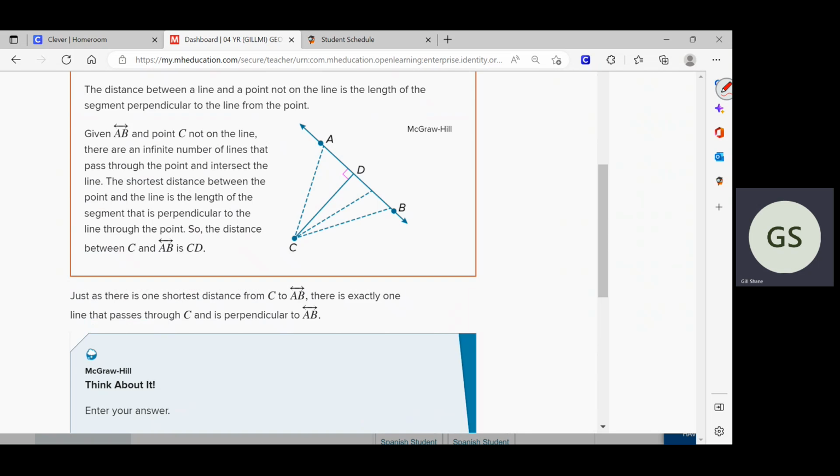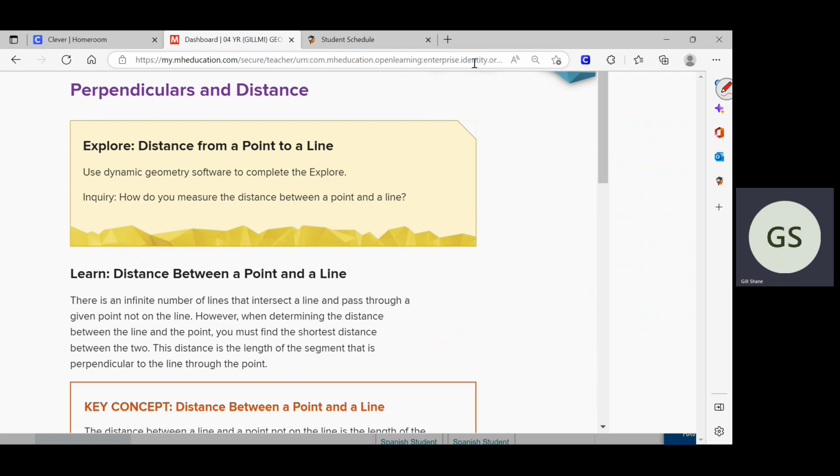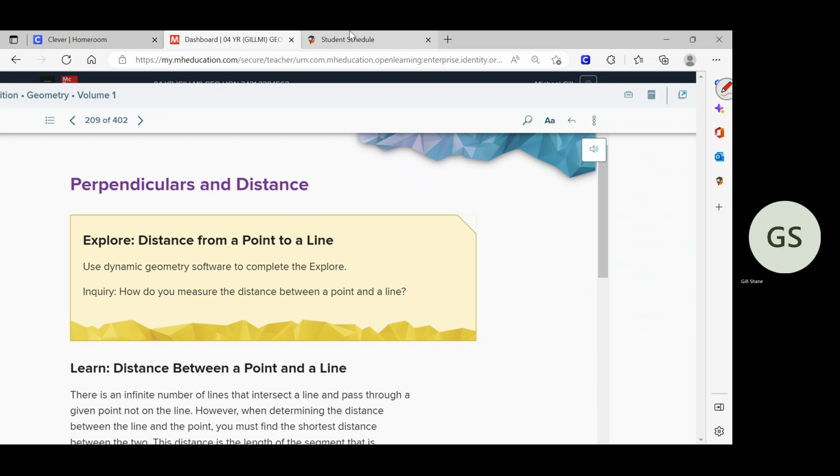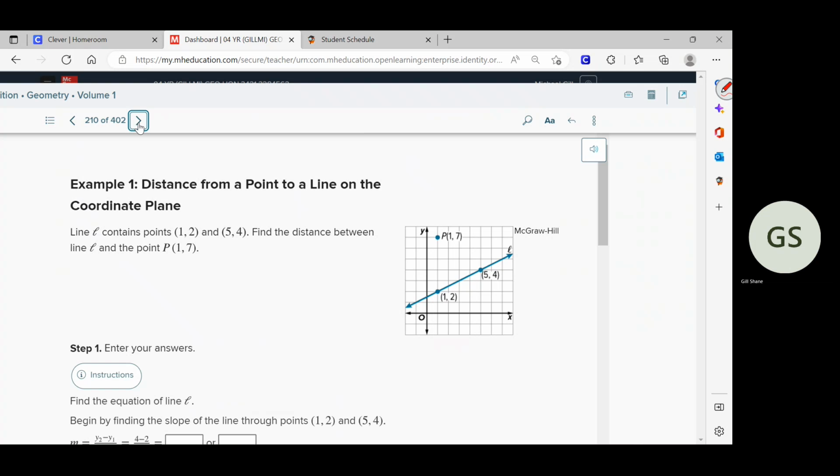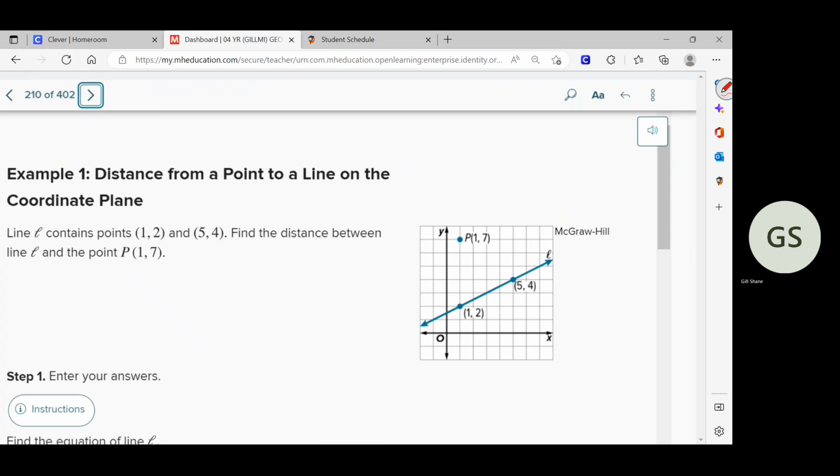All right, so let's go ahead and go to a problem. There we go. So turn to page 210. So here's what I want you to do. You should be able to do these first 2 steps. So I'm going to tell you the steps.